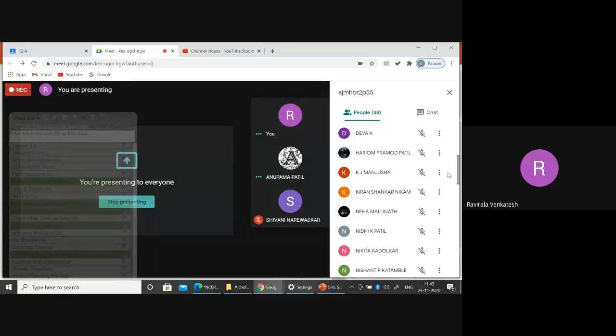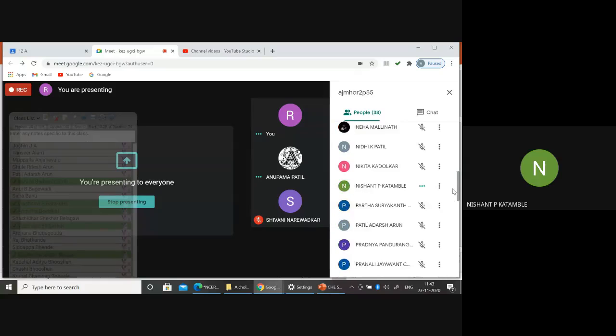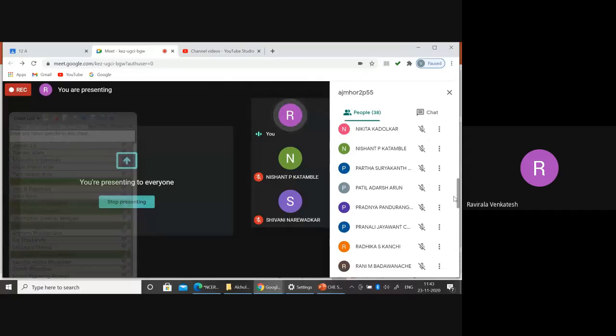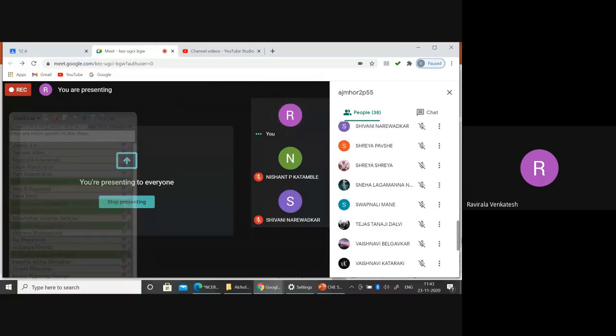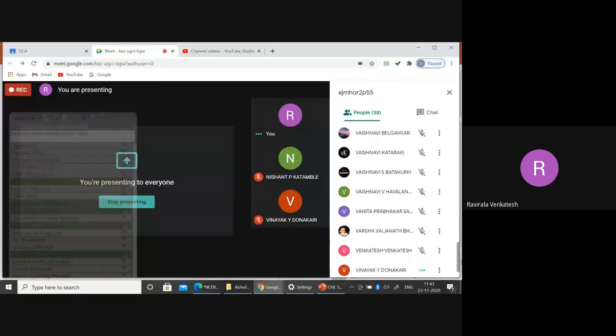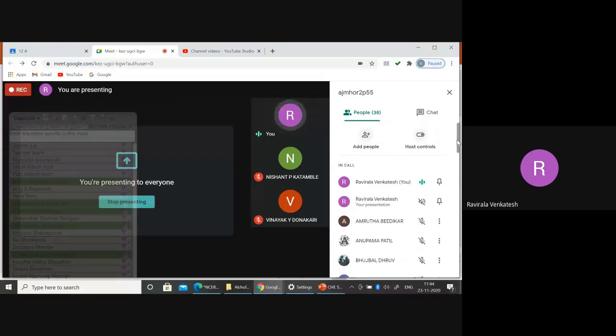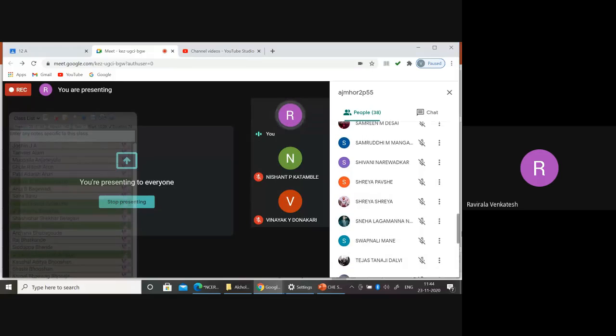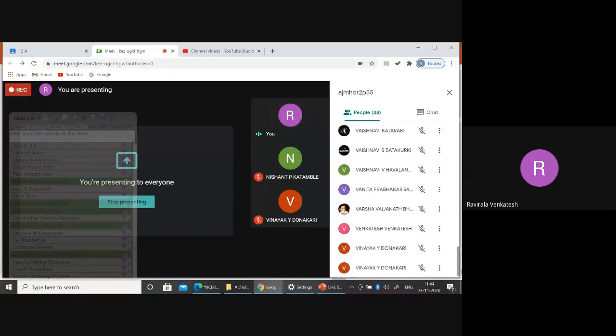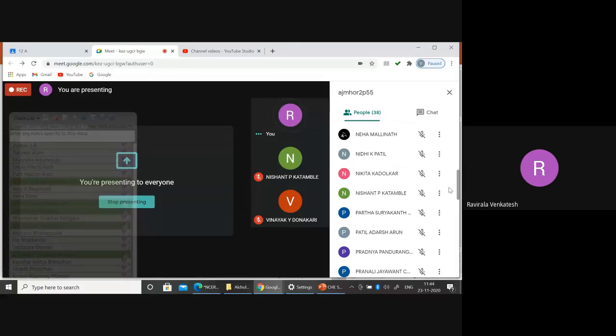Kiran. Nishant. Tejas. Venkatesh. Vinayak. Anupama is there. Bhuvaneshwari is there. Neha M is there. Nikita. There are two Nikitas, no?